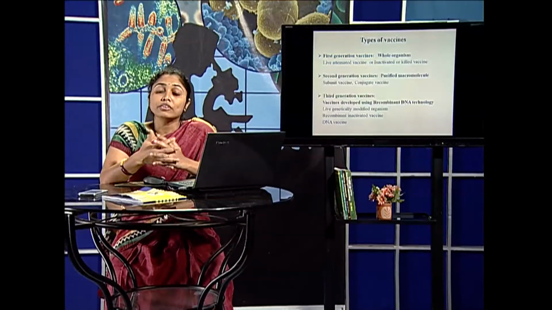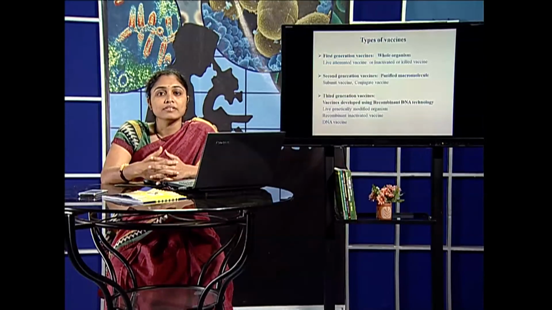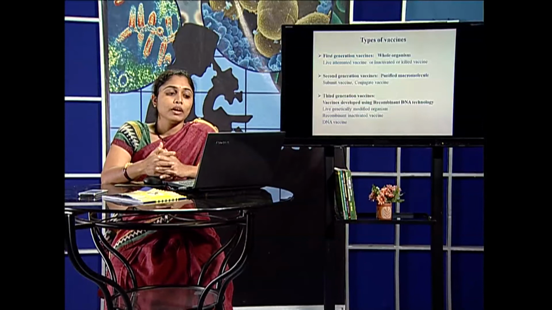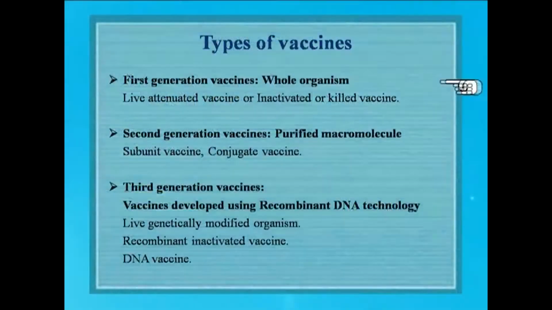Now, 3 types of vaccines have been developed so far. The very early vaccines are called first generation vaccines and they are composed of whole organisms. The second generation vaccines are composed of purified macromolecules from the organisms, and third generation vaccines are developed using recombinant DNA technology, where the genetic material is used directly as the vaccinating agent.